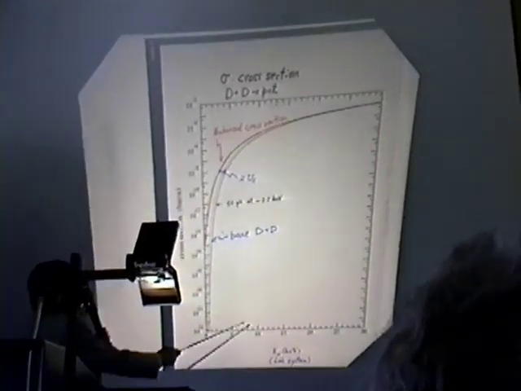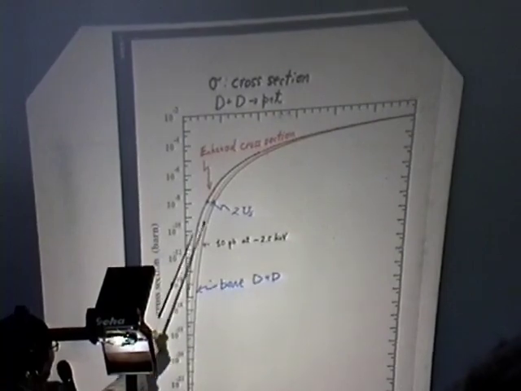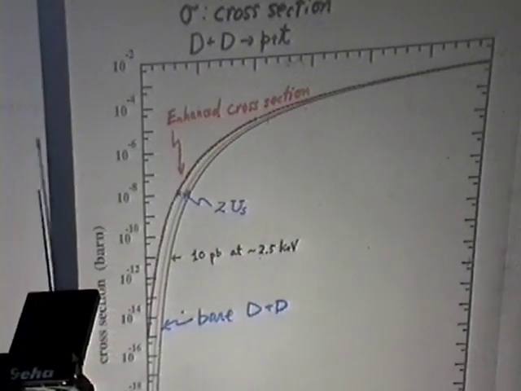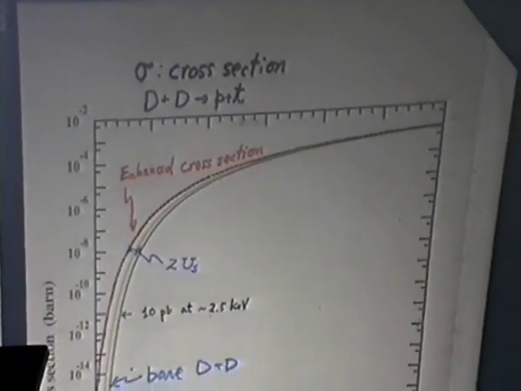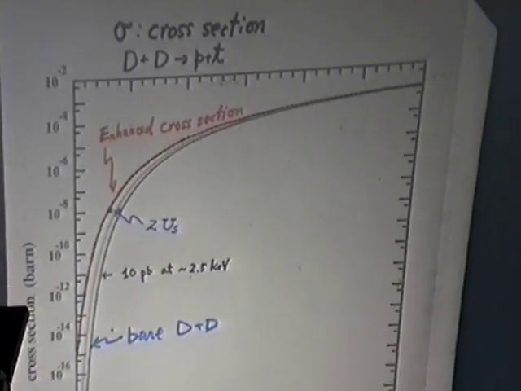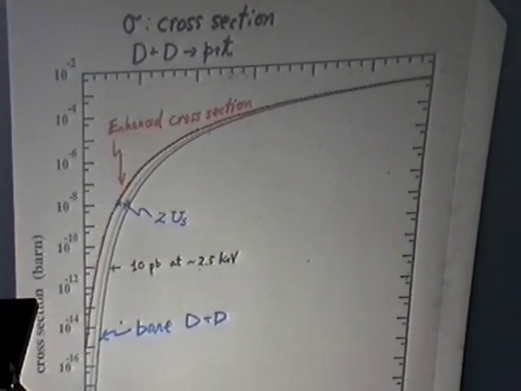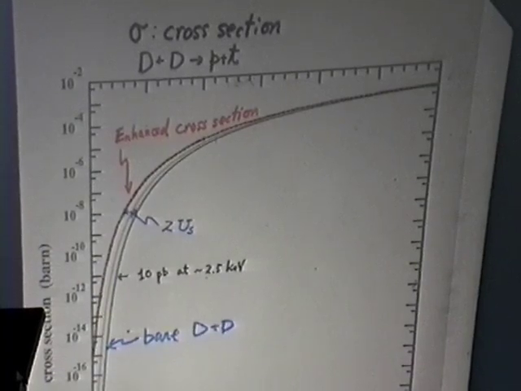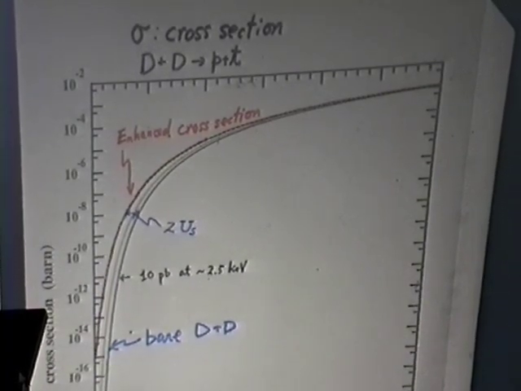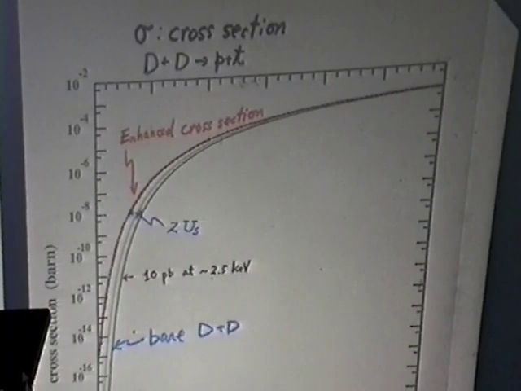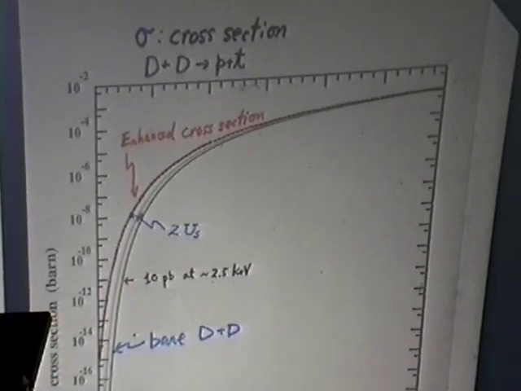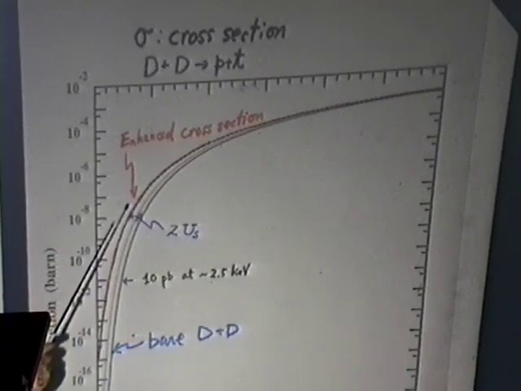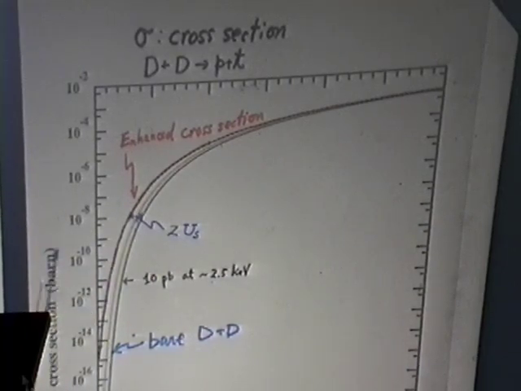For example, at 10 keV the cross section is something around 10 to the minus 6 barn, and if we go down to, let's say, 1 keV, the difference is more than 12 orders of magnitude. But if you have a very large screening potential, then this ratio is reduced to much smaller values.